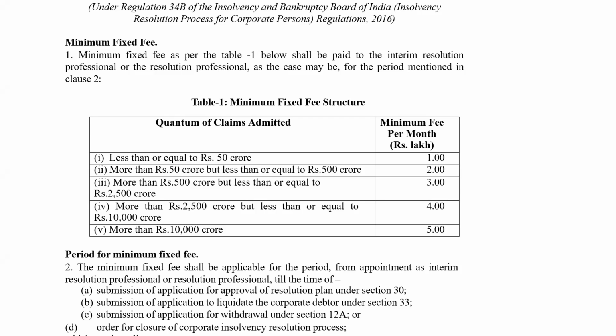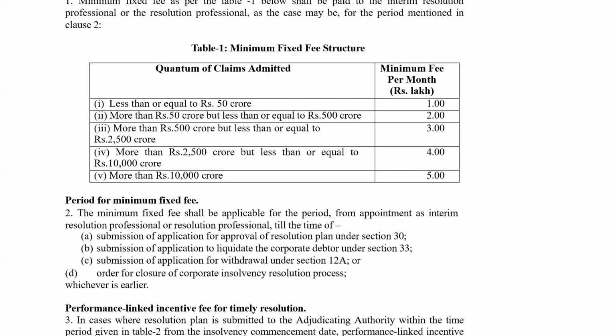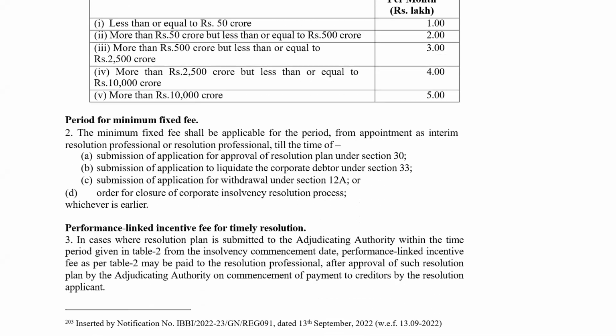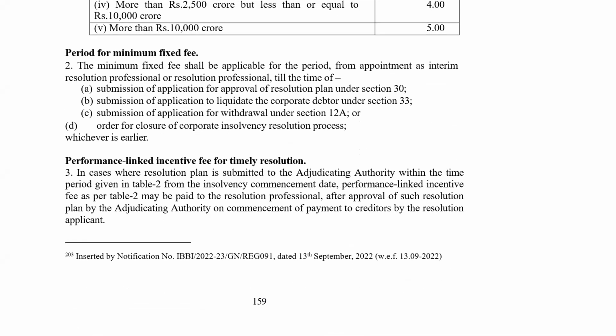So minimum fixed fees shall be paid to the IRP or RP as the case may be for the period mentioned. This is based on the quantum of claims admitted. And this is not covered when you have already submitted an application for approval, then the fees will be lower.